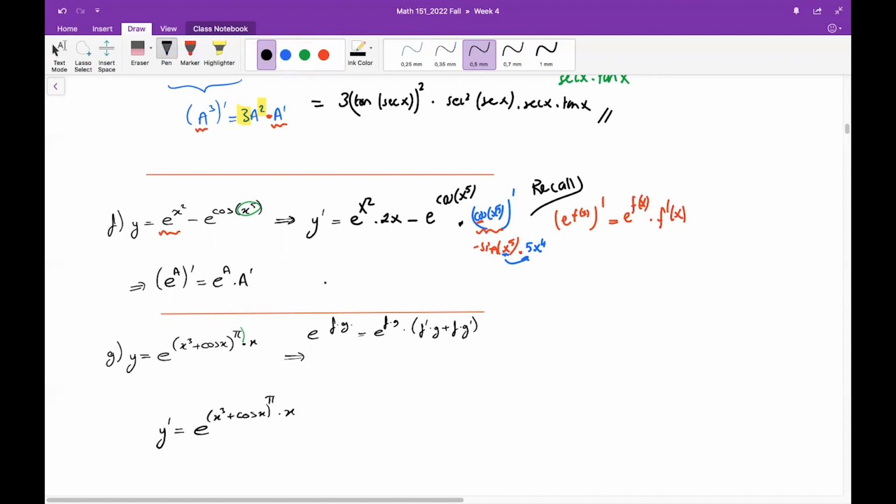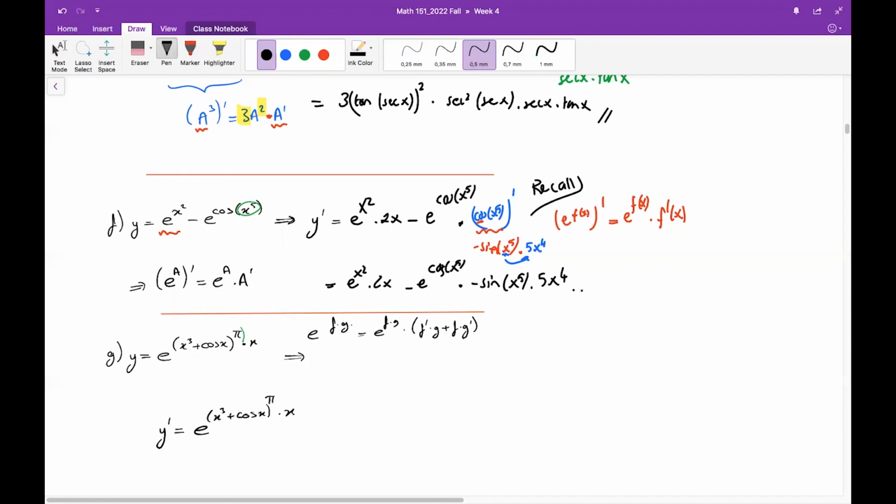So the final result goes like this, this is the first expression. The second expression is itself times the derivative of the power, which is done like that.